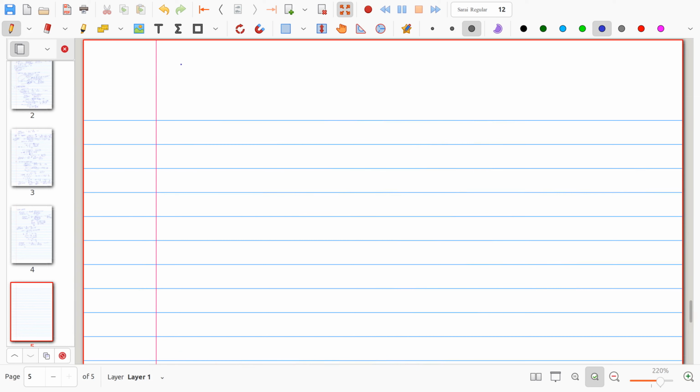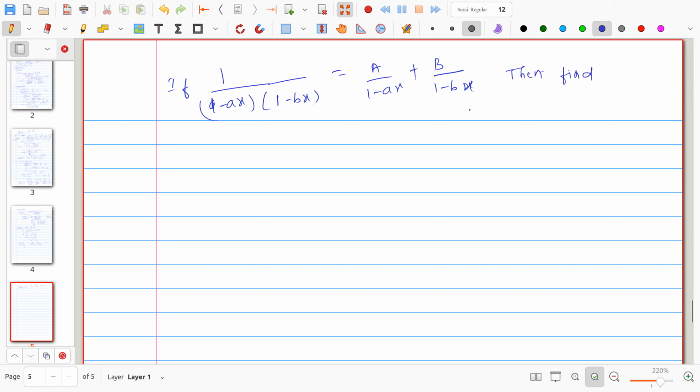The condition given is: if 1 divided by 1 minus ax into 1 minus bx is equal to a divided by 1 minus ax plus b divided by 1 minus bx, resolved like this, then we need to find 1 divided by 1 minus ax whole square and 1 minus bx.